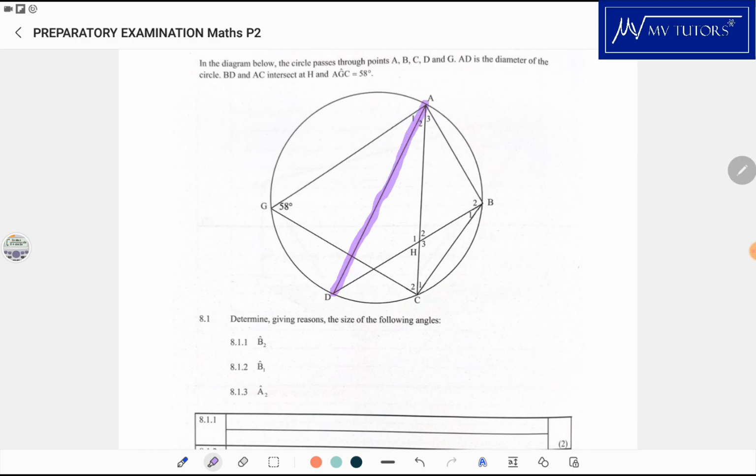And then if we go to the B, you see B2 over there, and look at that triangle right there. What do we know about that?